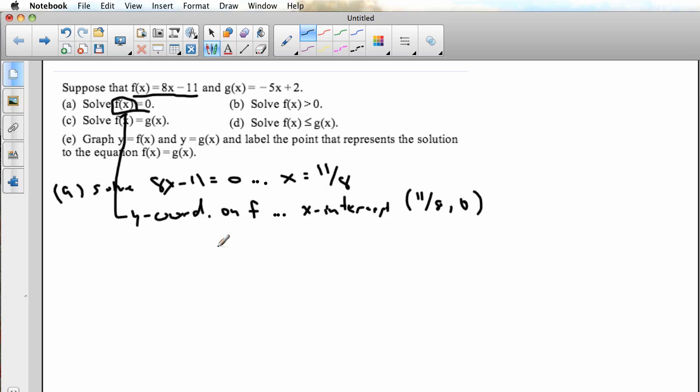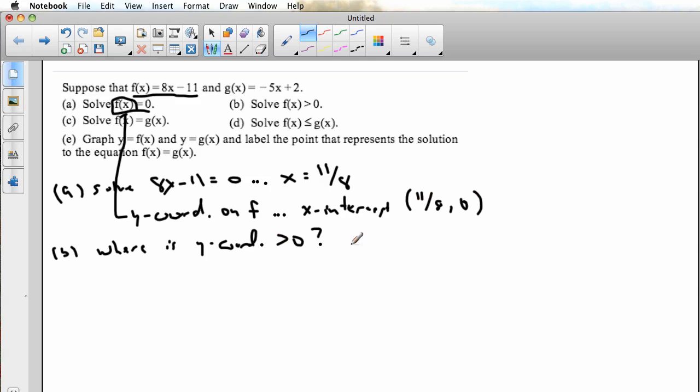So if we think about that second idea, part B is asking where the y-coordinate is positive, so greater than 0. I want to describe the x's where we have a y-coordinate greater than 0. 11/8 is not such an x, because the y-coordinate there is equal to 0.